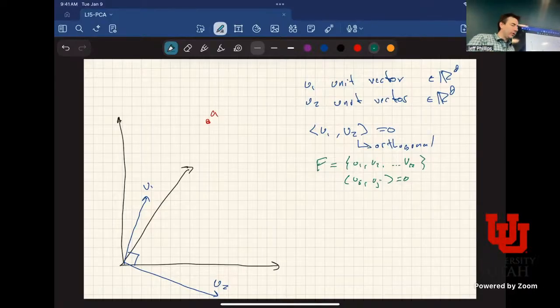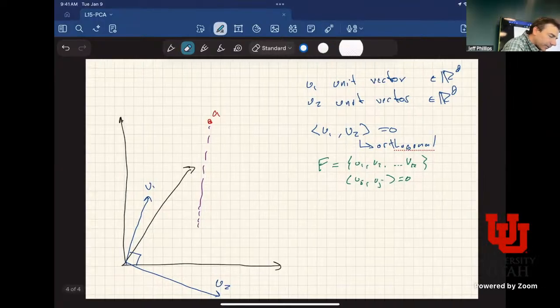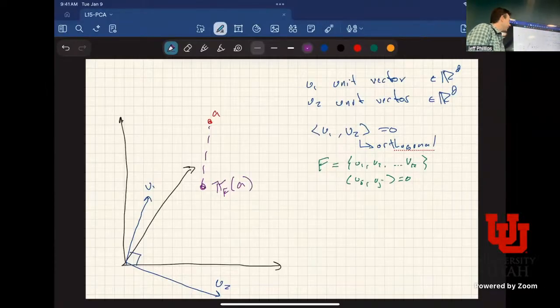What I want to do is project A onto the two-dimensional space that slices through this three-dimensional space. Project A down onto here. Let's see if I can try and draw this. This will be the projection of A onto the subspace F defined by U1 and U2. So F will just be these two guys here in this example.